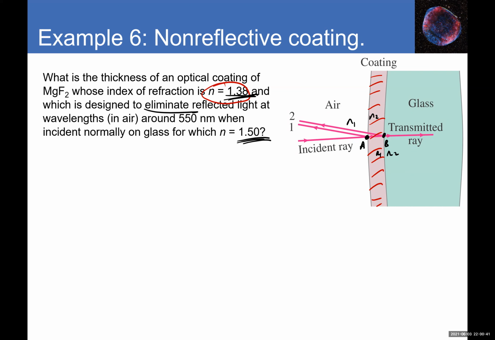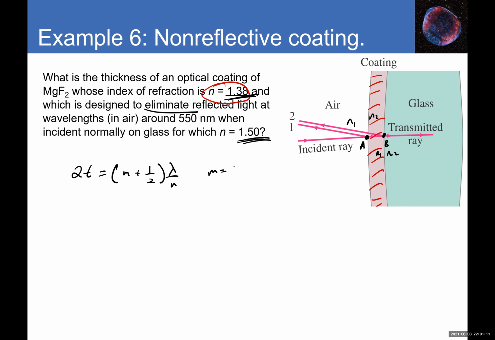Okay, so that means this is a destructive interference, and we need to use the equation for destructive interference, but one that has two reflective phase changes. Okay, that means ray 1 and ray 2 will both undergo phase change. So that means the equation for the destructive interference will be 2t equals m plus 1 half times lambda over n.